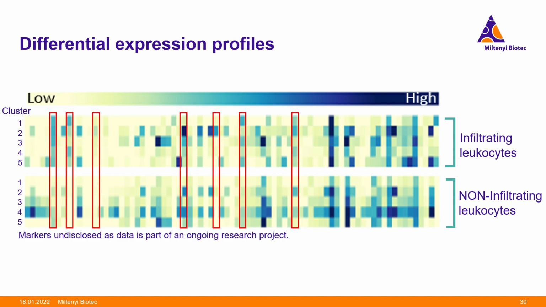Each column is a different marker, so we can compare those expression profiles between the two populations. What we were able to find is that 7 markers were selected, displayed here in red rectangles, based on the different expression profiles in this heat map between the two populations.